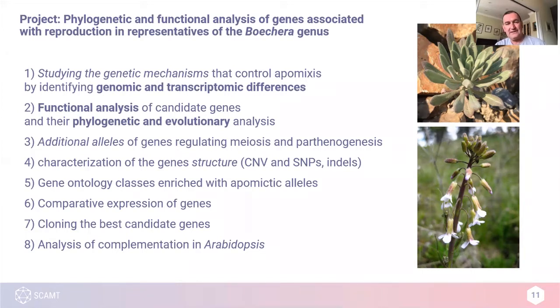We look for additional alleles and genes which are candidates for association with apomixis. We study and characterize the genome structure of sexual and asexual lines. We're looking for features like copy number variation, single nucleotide polymorphisms, and indels, meaning insertions and deletions. We're also looking for gene ontology classes for genes of special interest and their enrichment with apomictic alleles. We do comparative gene expression, and also cloning of candidates to analyze them by complementation in Arabidopsis.